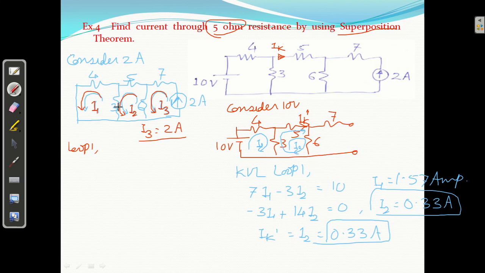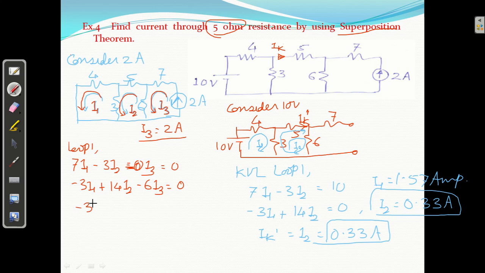What is loop 1? I1 flows through 4 plus 3, so 7 I1 minus 3 I2 equal to 0, no source. Loop 2: minus 3 I1 plus 14 I2 minus 6 I3 equal to 0.